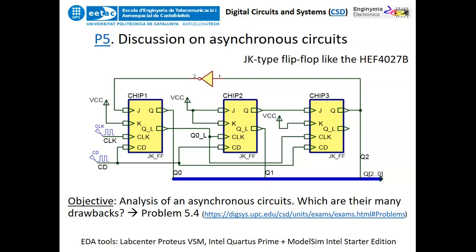It's a dual GK type flip-flop, so you can use it to organize any kind of circuit, okay? And naturally, everything that we have to go through is located in the digsys web. So for example, why not take one of the problems in this problem collection, the problem 5.4, which is the picture that you see here.